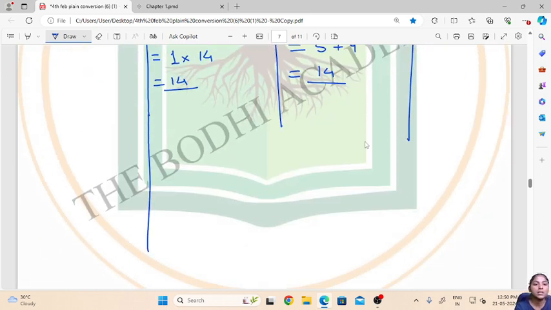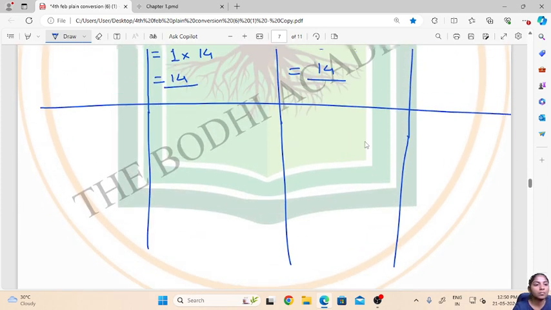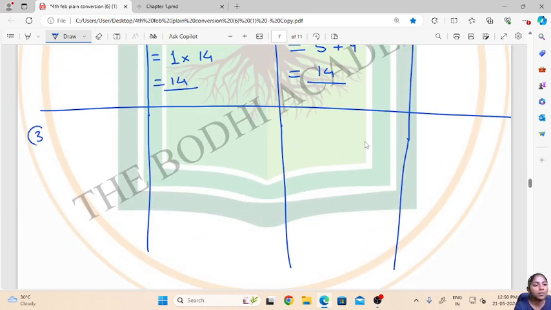Then we will see another example. We have the integers 0, minus 4 and 9.